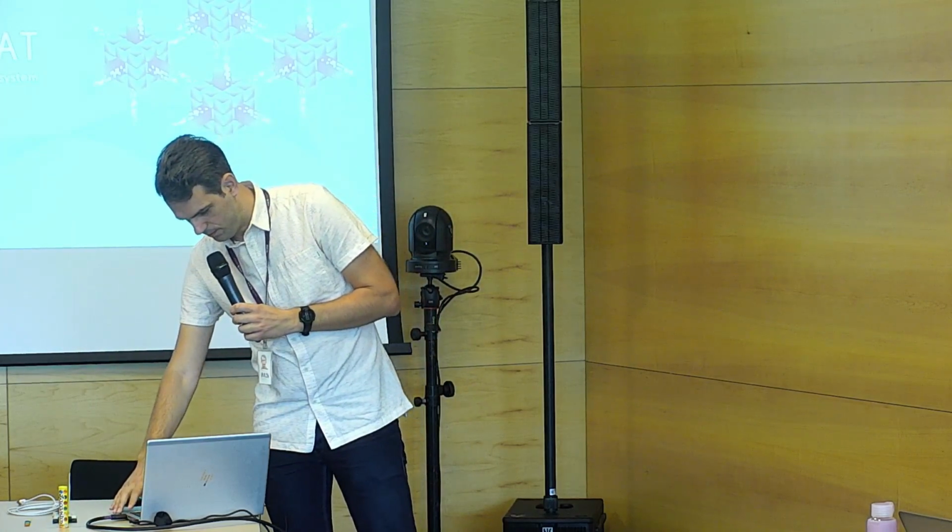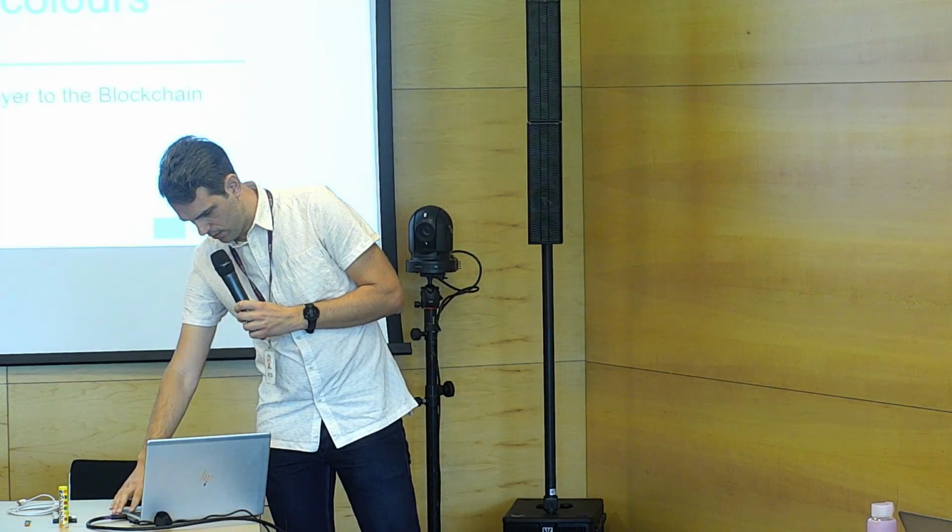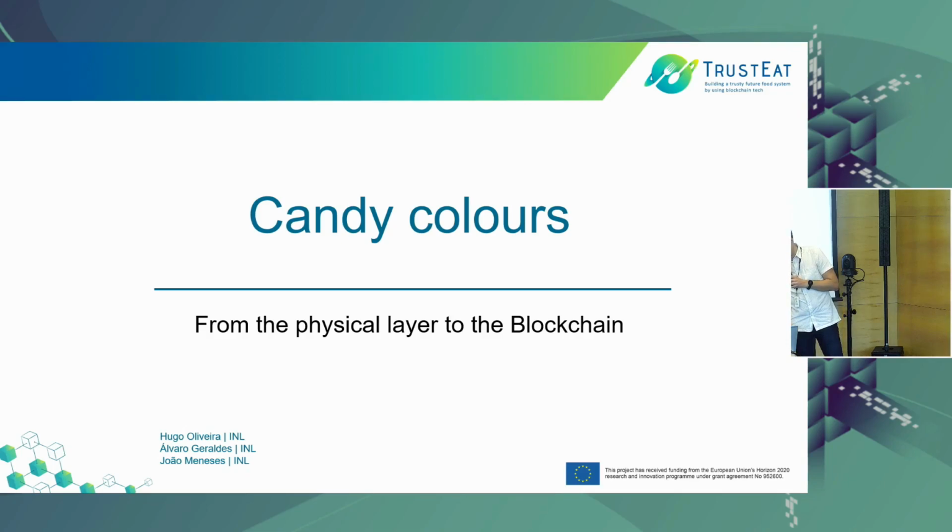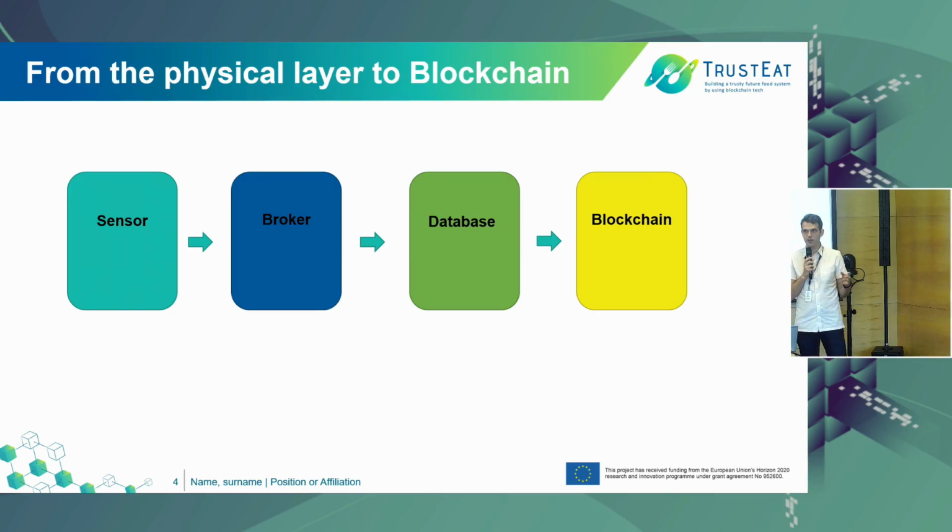And we'll also try to introduce a glimpse of the blockchain technology, how to produce the hashes based on the information generated. So we'll do the candy colors. We'll see that we have some candies here with different colors, and then we'll use a sensor to measure the color of the candy. So we'll use mostly what Gianmarco presented, with some slight differences: we don't have cloud databases.